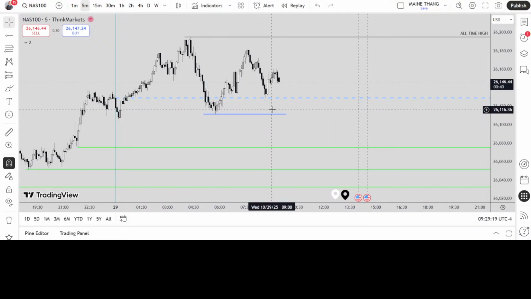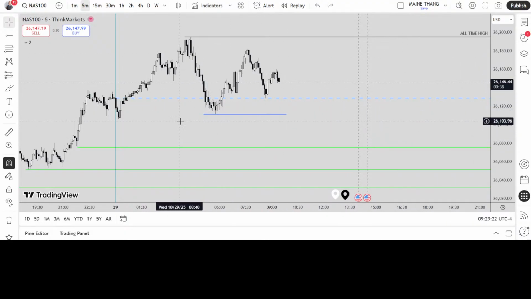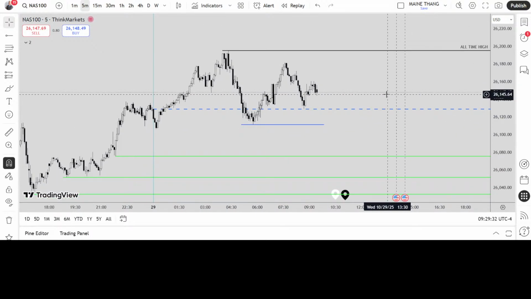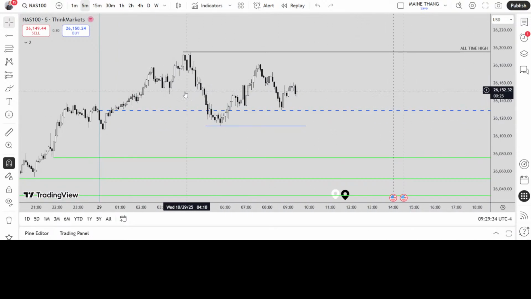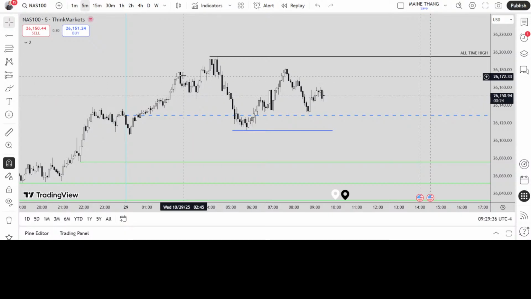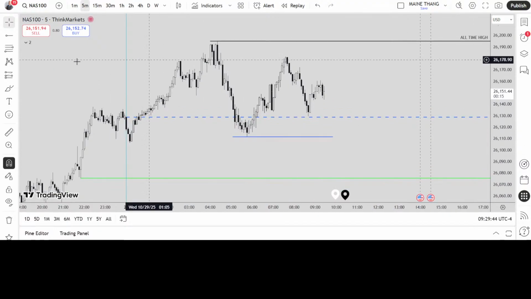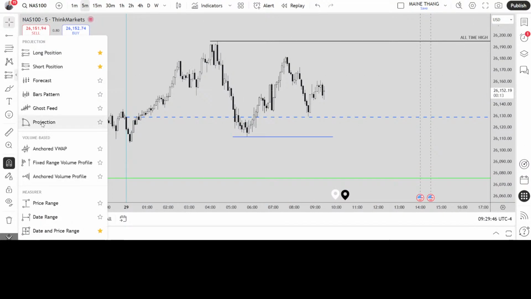Let's see what pre-market did while we got a couple seconds. Pre-market. High, low, high. High. And it made another zone right here.